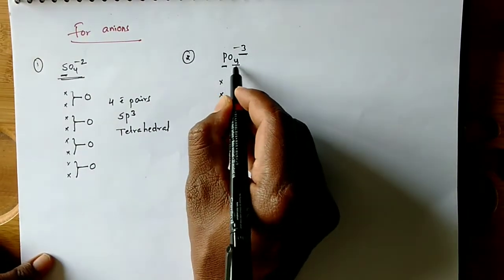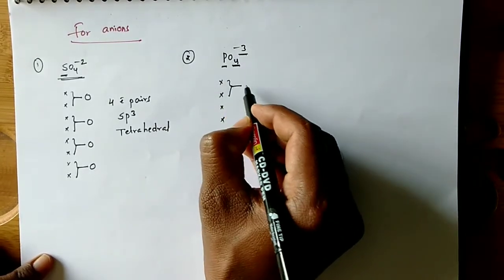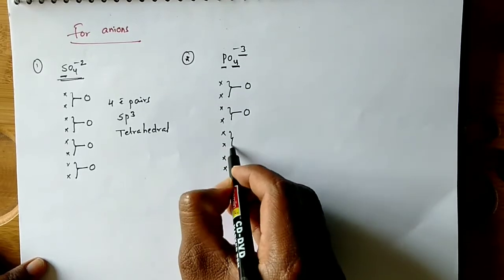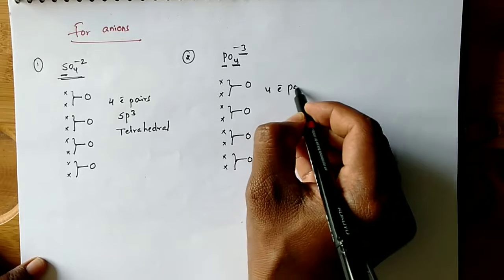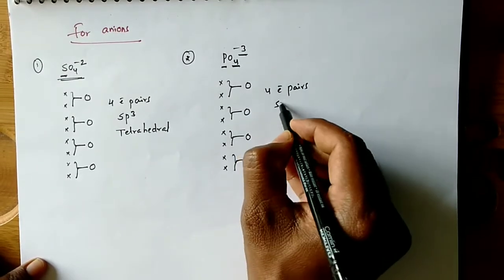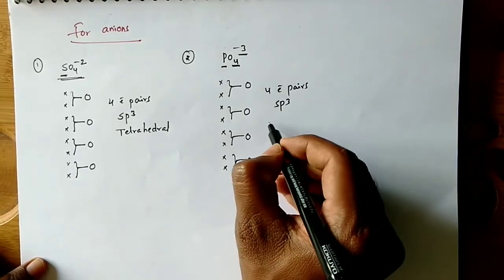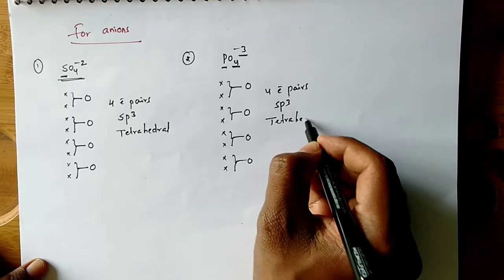Around this, 4 oxygen atoms are there. Oxygen valency is 2, so oxygen takes 2 electrons for bond formation. Total 4 electron pairs. Hybridization is sp3, and the shape of the ion is tetrahedral.